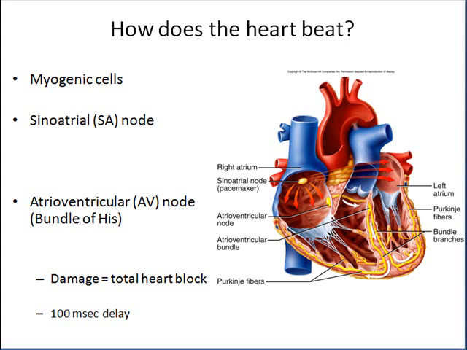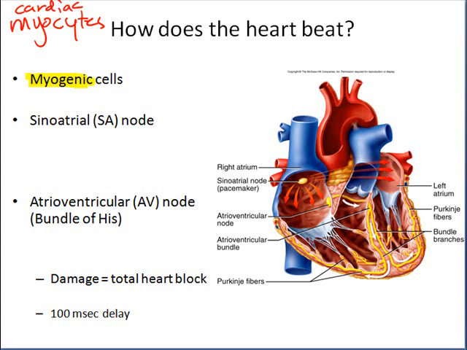Now, one unique thing about these cardiac myocytes is that not all cardiac myocytes contract. There is a small subgroup of cardiac myocytes which are called myogenic cells. Genic means to generate, to create, to bring forth.